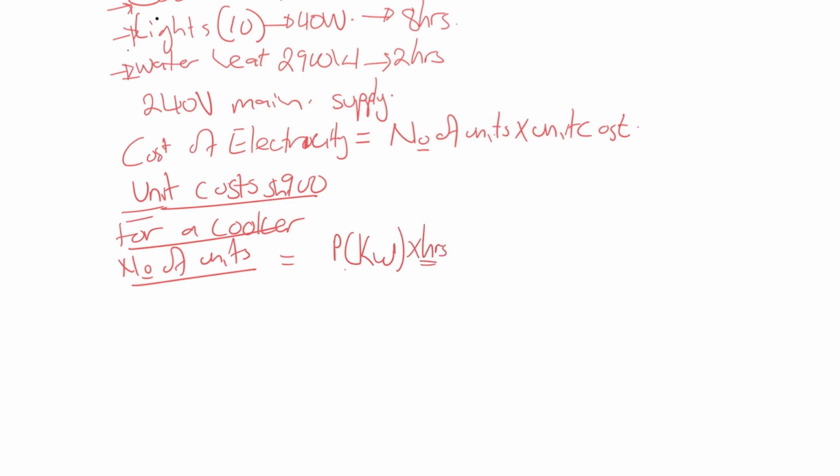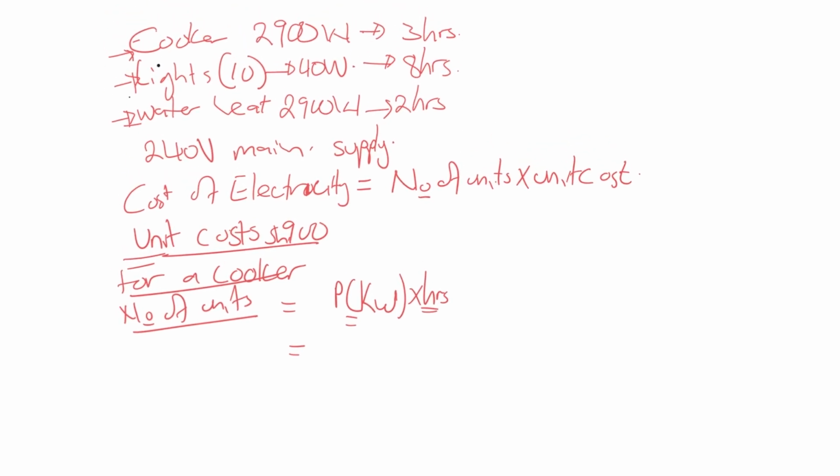So this time must be in hours. So our number of units will be 2900 divided by 1000 times the time, 3 hours.